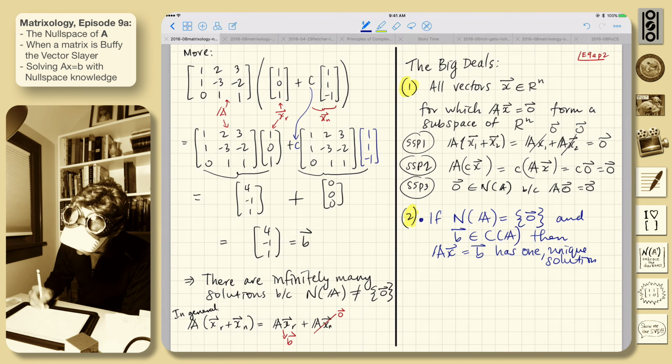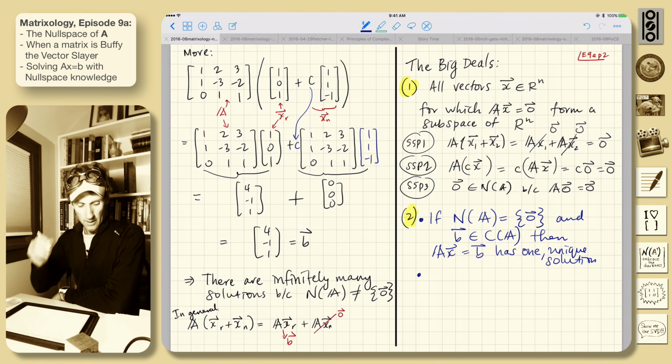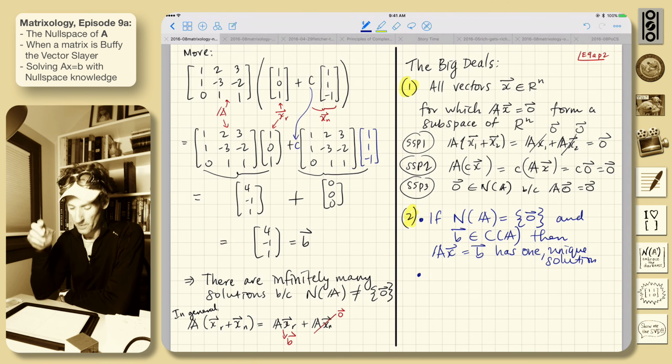So there's that part. Now, this is what the null space does.